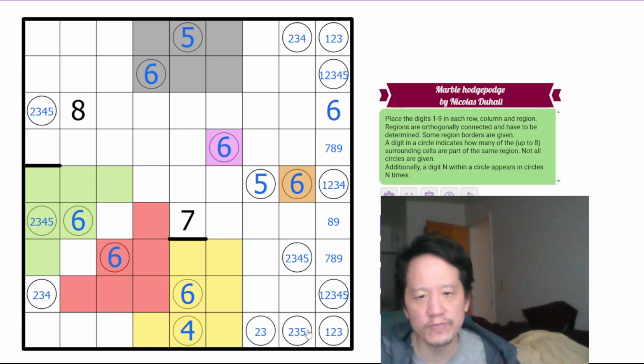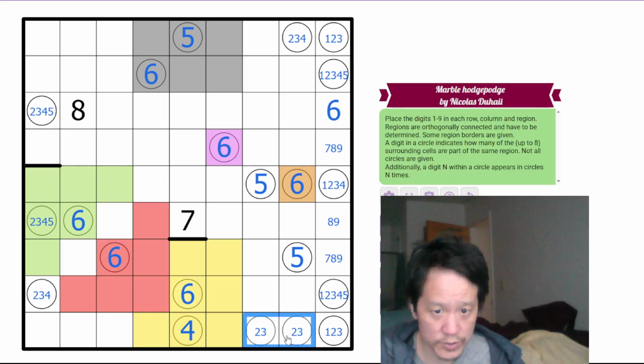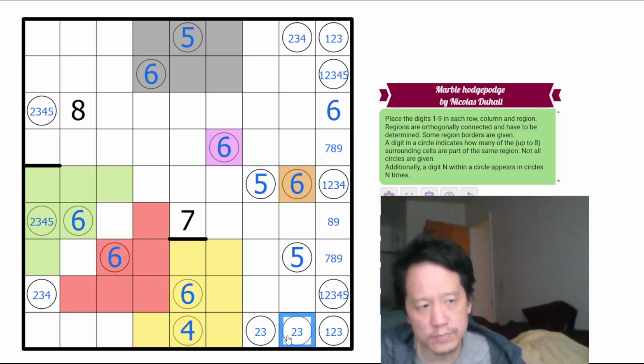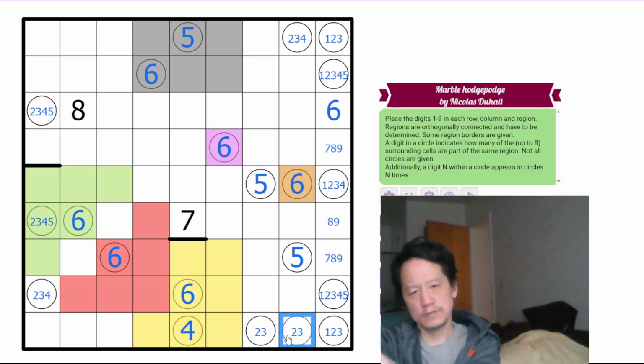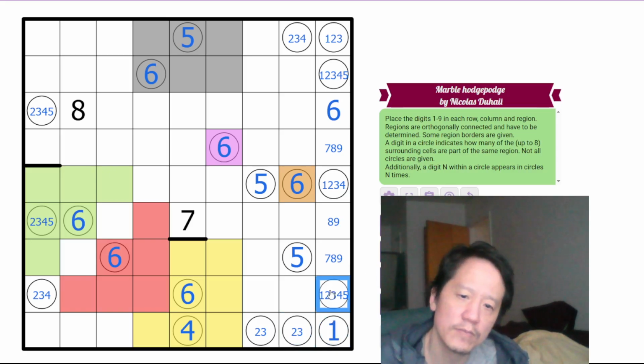Therefore, this could not be 5 either. This would then be the 5. This would be a 2, 3, 2, 3 pair. That's interesting. Which would force this to be 1. This can no longer be 1.